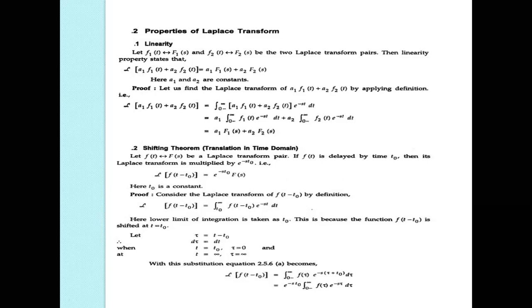We have to prove them the same way, using the definitions of the Laplace transformation, as we did for the Fourier transformation and the Fourier series. Linearity property, time shift property, frequency shift property, differentiation property, convolution property, modulation property, integration property, Parseval's theorem.